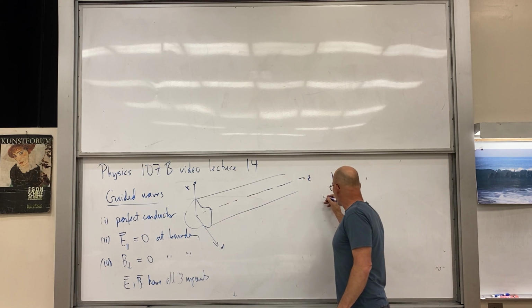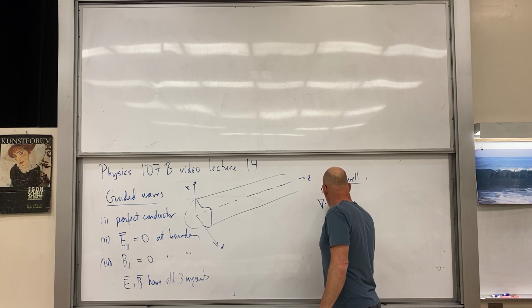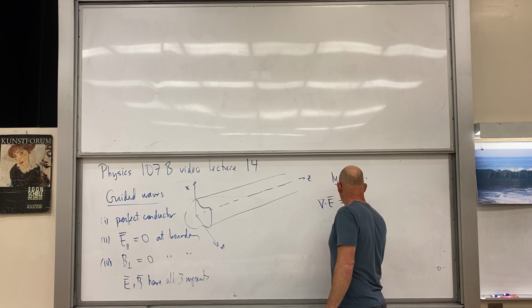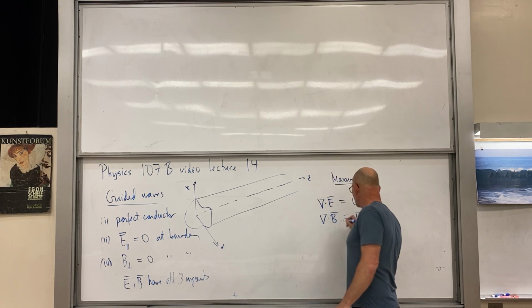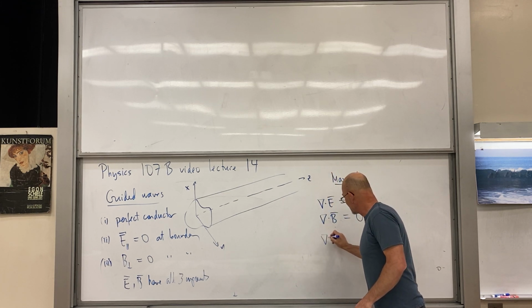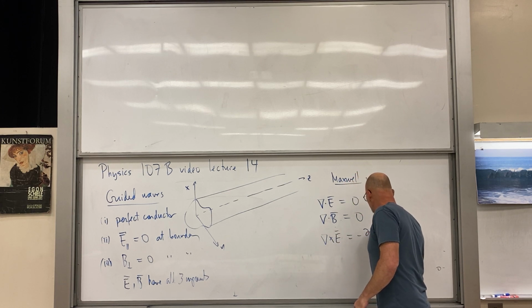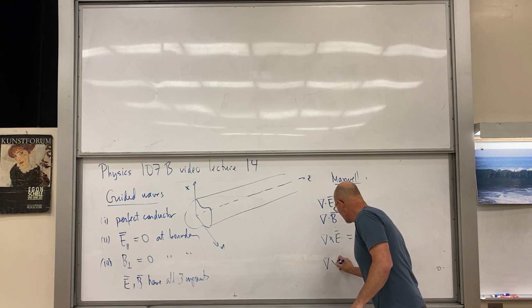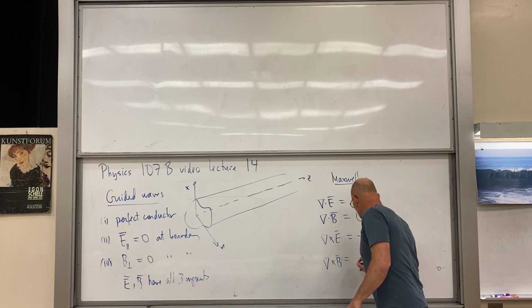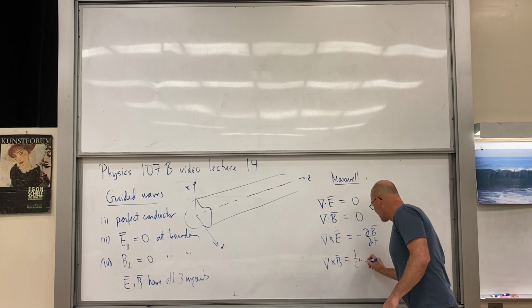Good, so what do we have for Maxwell? Divergence vanishes for both electric and magnetic fields. Then we've got our curl of E minus dB/dt, that's Faraday, and then we have curl of B equals 1 over c squared dE/dt.